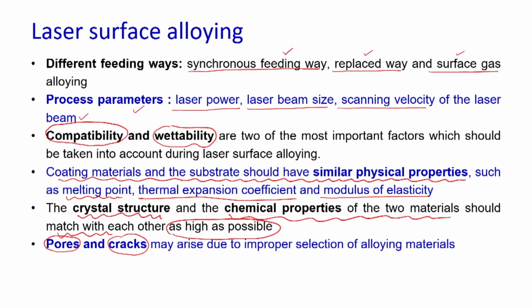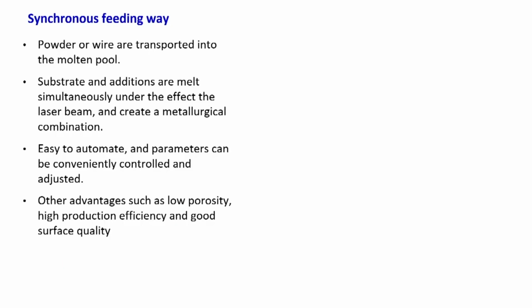Now, let us see the various different ways of feeding the deposition material over the substrate material. The first feeding way is synchronous. Synchronous means the movement of the feeding nozzle is synchronized with the laser movement, or with the movement of the substrate, the other way around, whether the laser head is moving or the substrate is moving.